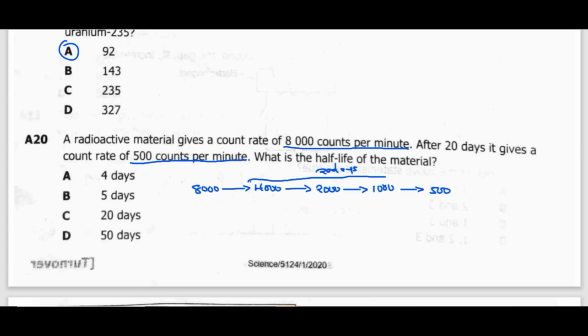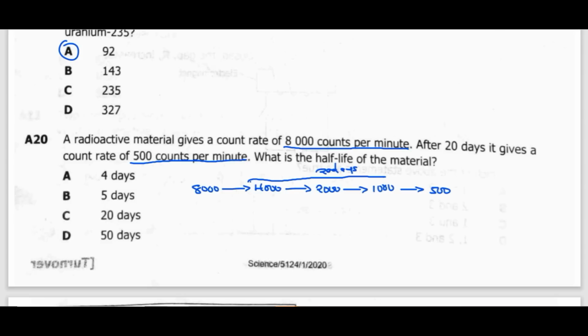So we have 20 days there, and this 20 days carried it this far. Now we want the half-life of the material in days.